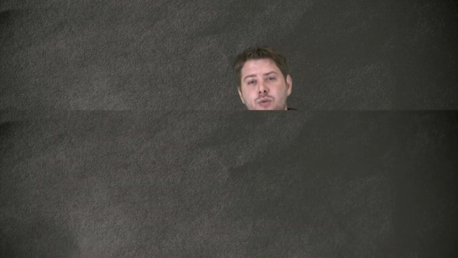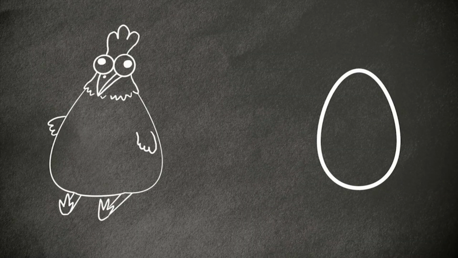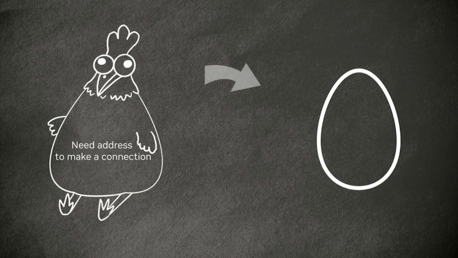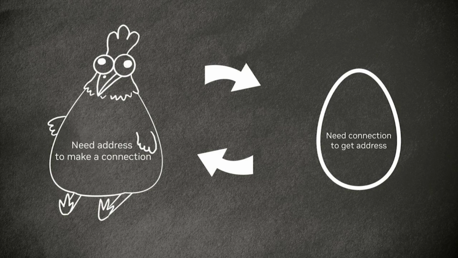Each side needs to have the opposite side's address to establish the connection. That leaves us with a chicken and egg problem. On the one hand, we need the address information in order to create the connection, but we also need some sort of connection to exchange those addresses. And this problem has two solutions.